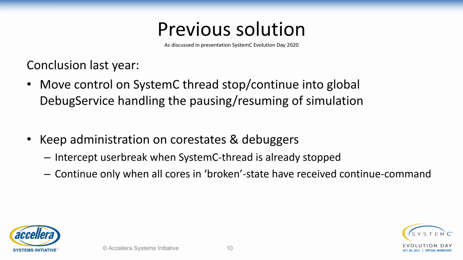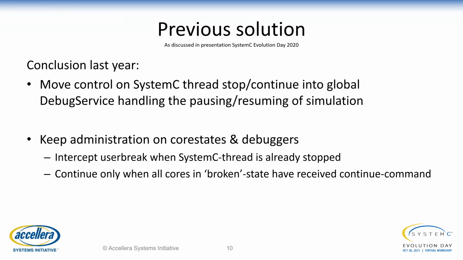So what I had to conclude last year is that I needed to move the control on the SystemC thread, stop and continue, into some global, what I called debug service at that time, handling the pausing and or the resuming of the simulation.